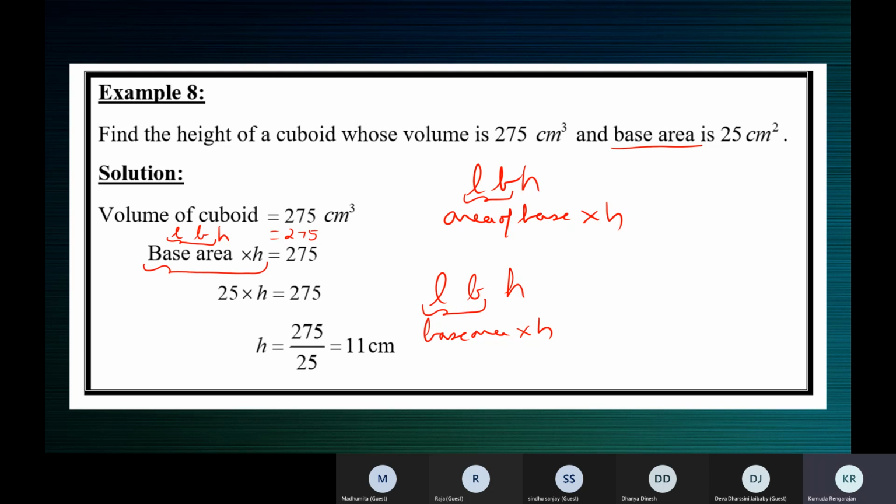So we say that the cross section of a cuboid is a rectangle, because when we stack up identical rectangles, stacking meaning arranging one over the other, the solid obtained is a cuboid. So the cross section of a cuboid is a rectangle.